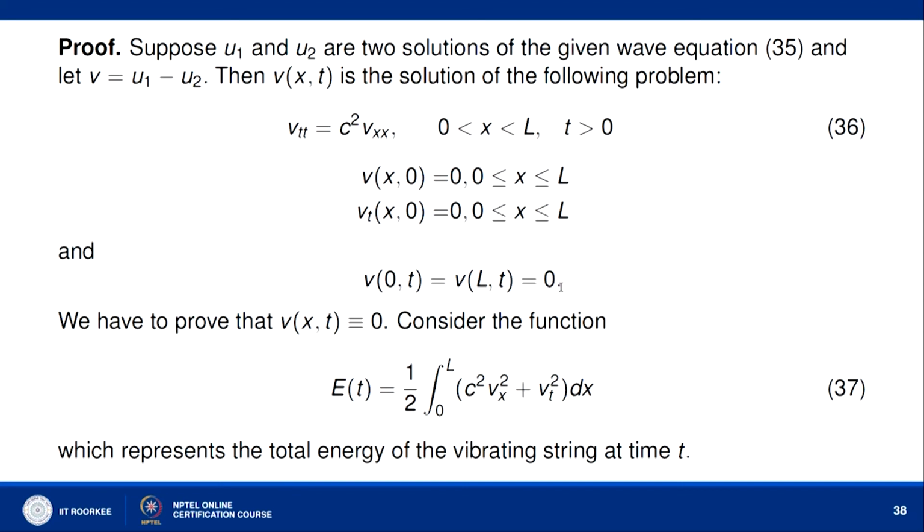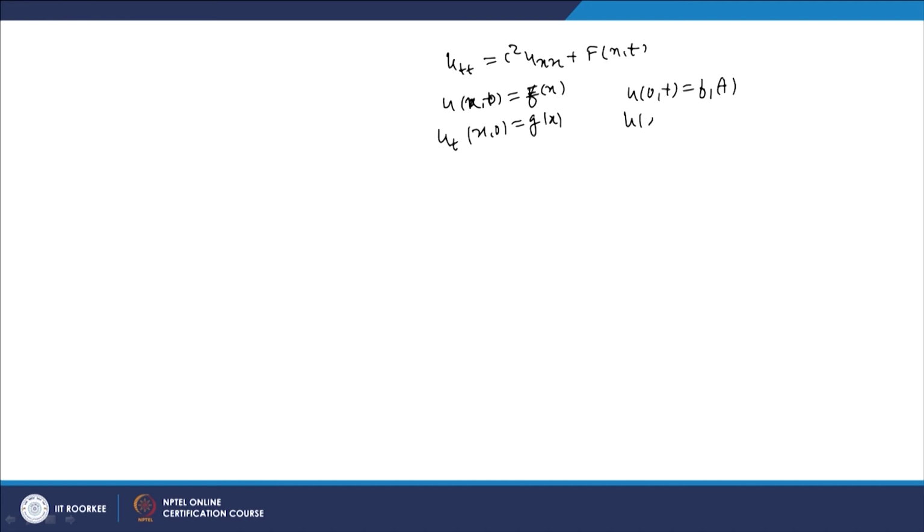So, if you look at here, our problem is utt equal to c square uxx plus f of x, t, with u(x,0) equal to f of x, ut(x,0) equal to g of x, u(0,t) equal to f1 of t, and u(l,t) equal to f2 of t. Now let us say u1 and u2 are two solutions.